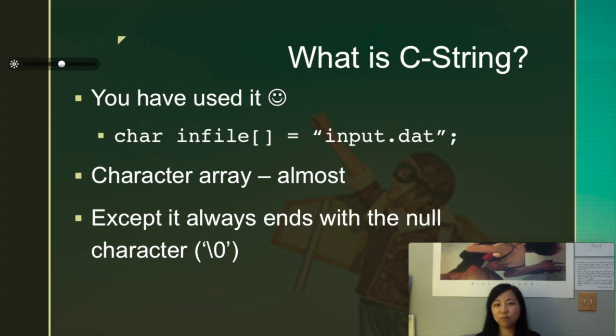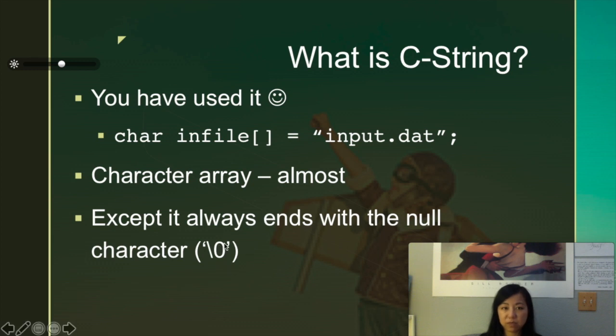So what is cstring? You've used it before when we were playing with files. We either declared the character array and initialized it in the same line, or we asked users to input the file name.